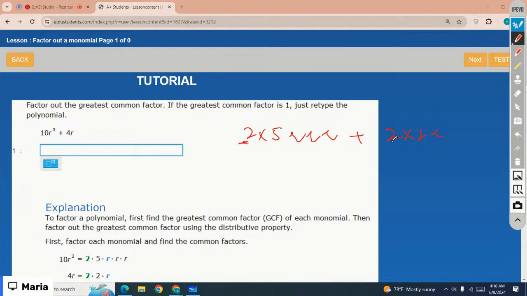You can take common this 2 and this r. So you have 2r common, and inside the bracket you have 5, r squared, and plus 2. So that is 2r times 5r squared plus 2. Basically, this 2r is the greatest common factor of the given monomial, right?